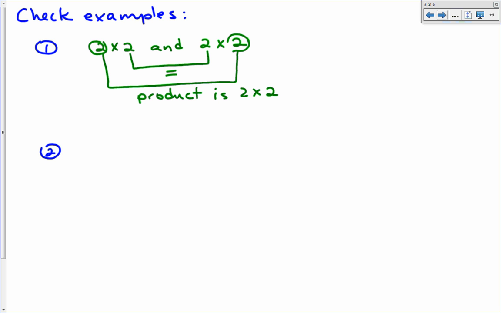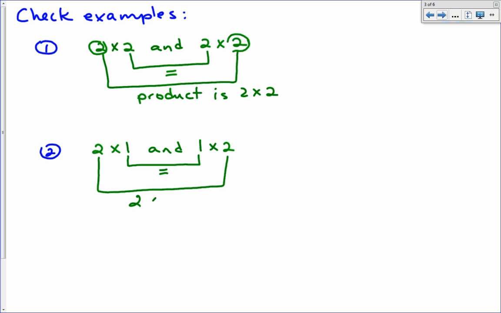If you look at the second example, the first matrix was a 2 by 1, and the second one was a 1 by 2 matrix. Okay, so the one column of the first matched the one row of the second one, and our product had these dimensions, a 2 by 2 product.